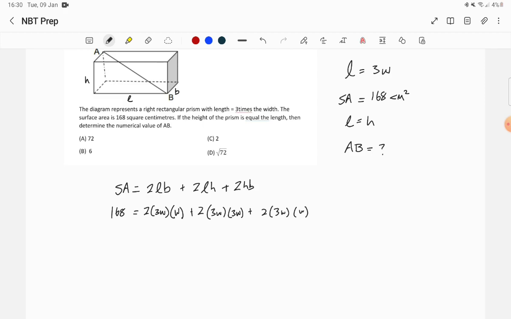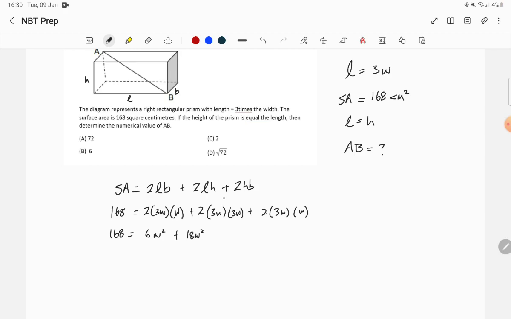So firstly, let's put together all our w's. 168. We can use our calculator here. What we would essentially get is 6w squared plus 18w squared plus 6w squared.